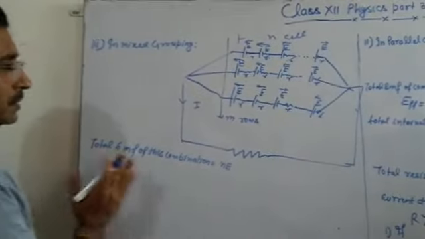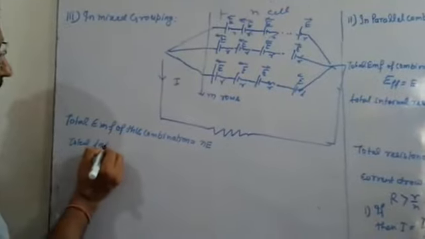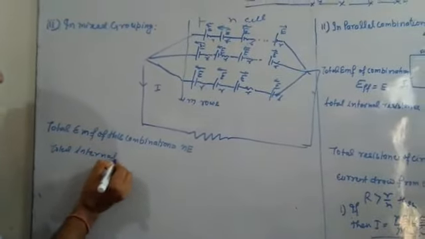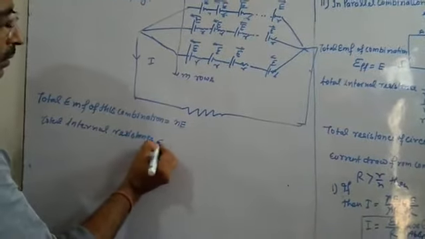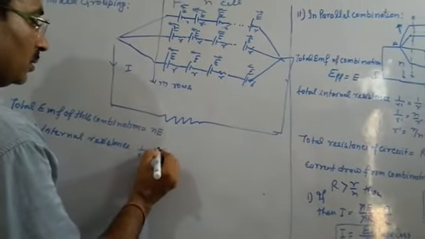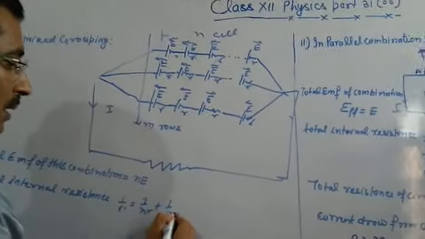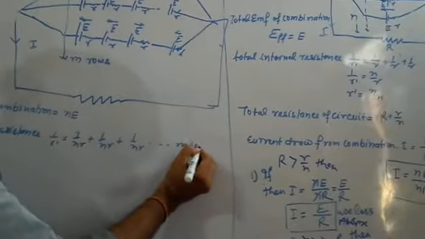Total internal resistance: in each series there is nr, so 1 by r dash equals 1 by nr plus 1 by nr plus 1 by nr, m terms.